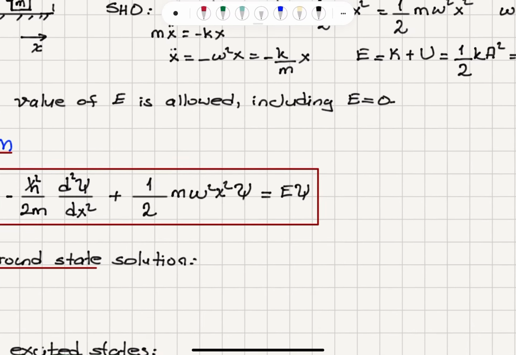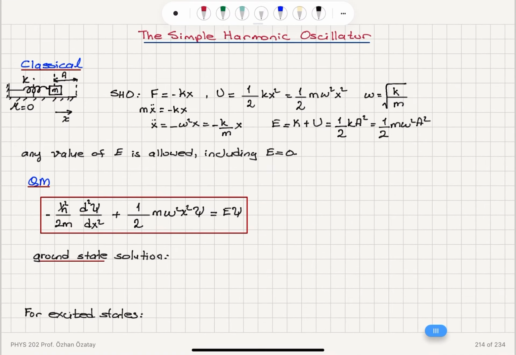The ground state solution of Schrödinger's equation can be written as psi equals b times e to the minus c x squared, where c is equal to m omega divided by 2 h bar, and the corresponding ground state energy one can show is equal to 1/2 h bar omega, the angular frequency.